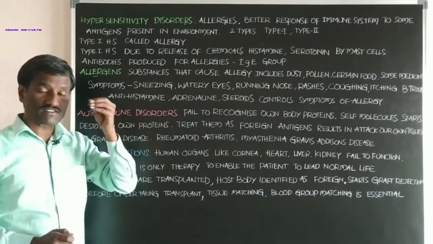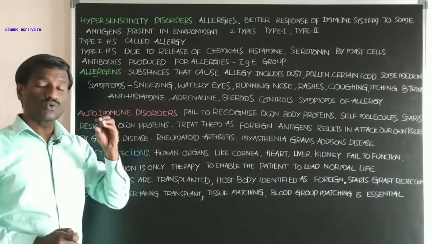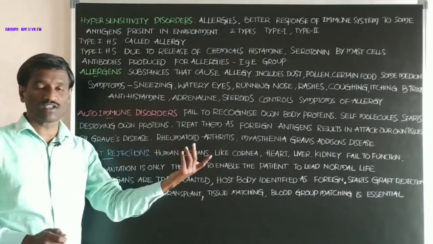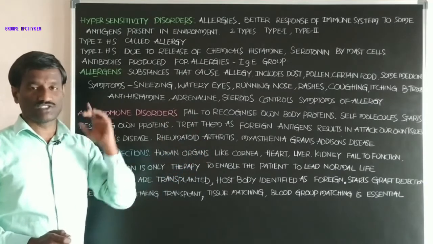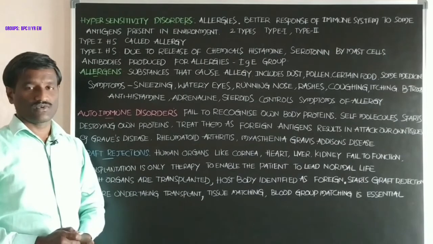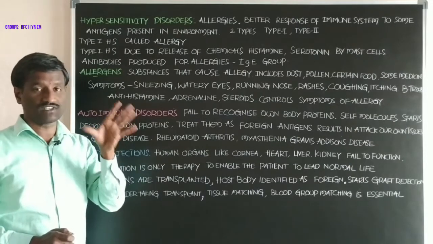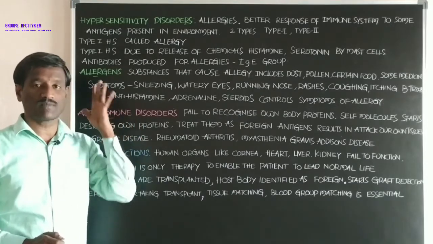Own cells present in the tissues of the human body are destroyed by the production of antibodies by the immune system. That is type 2 hypersensitivity, which is also called cytotoxic hypersensitivity.